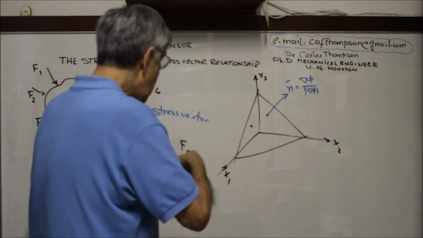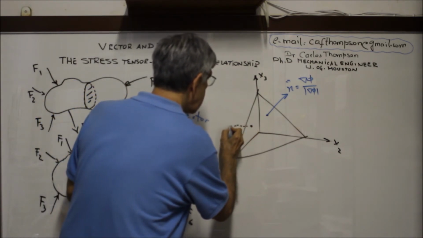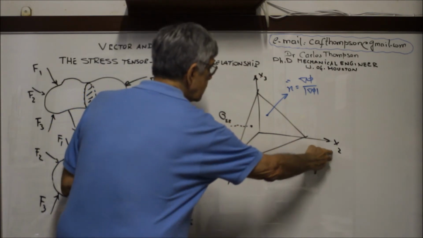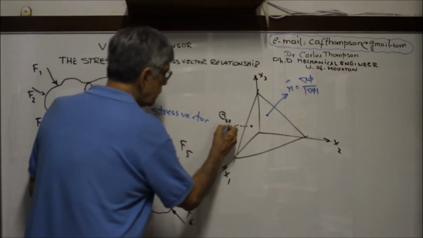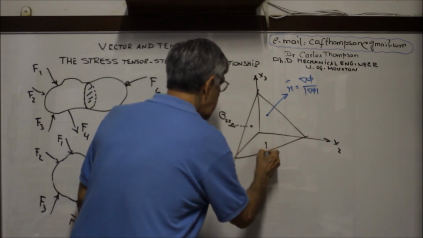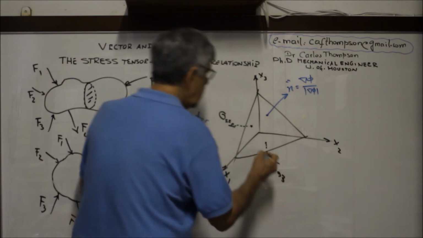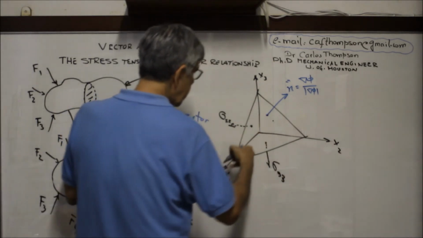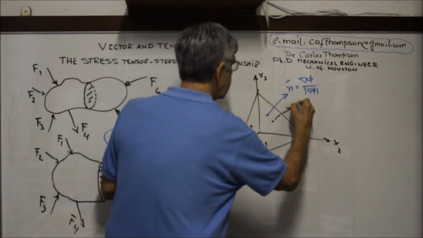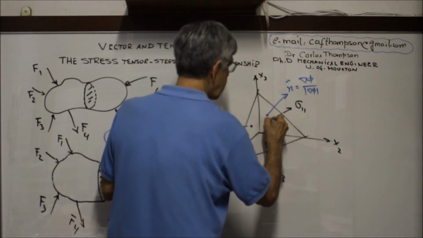This is sigma 2,2, because this is x2. Here is sigma 3,3. And there, parallel to x1, is sigma 1,1.